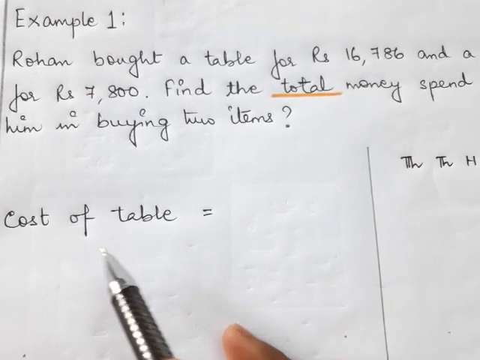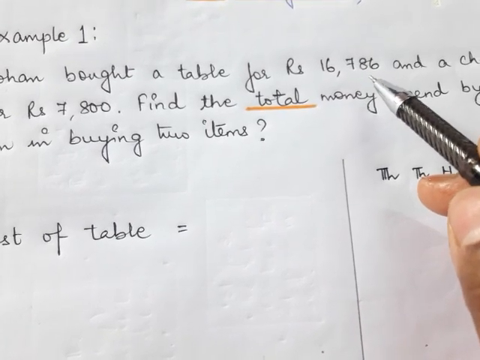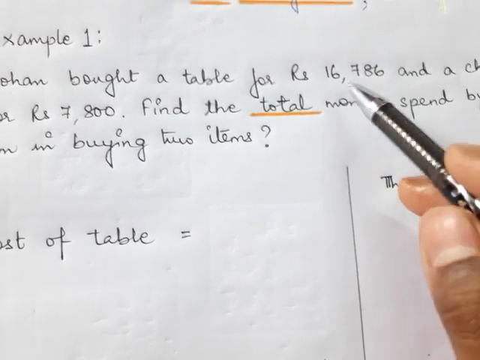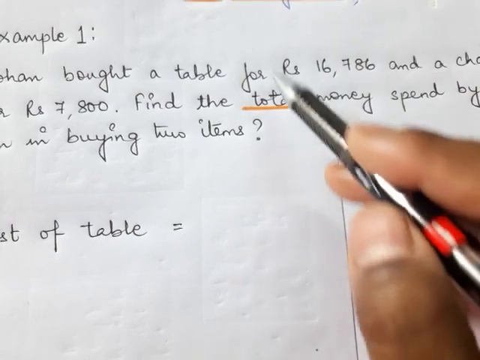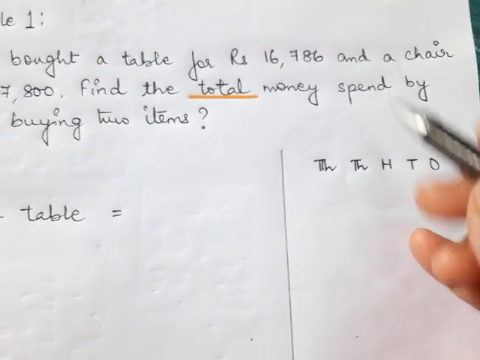So here the cost of table is rupees 16,786. When I'm writing this amount here, I will write from my right hand side.